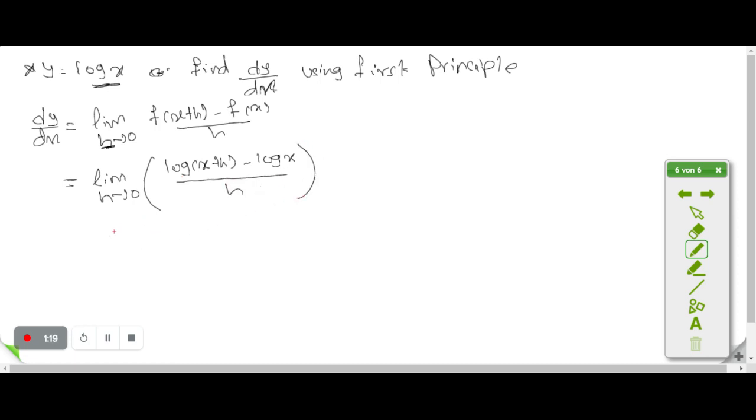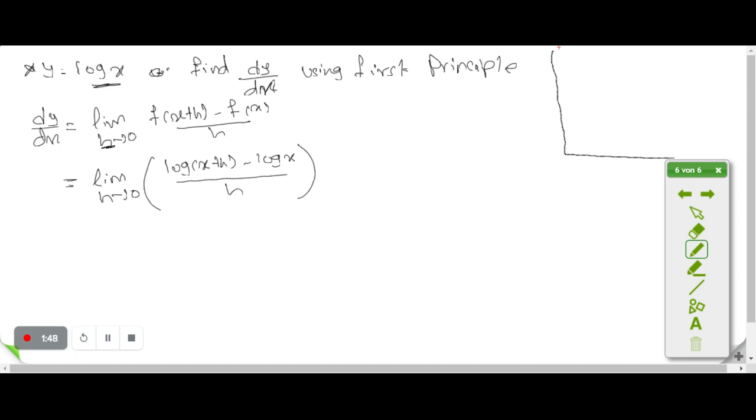Now we have come to a point where, if you apply a limit, this h is still there, and this will make the whole expression indeterminate or undefined. Anything divided by 0 is not allowed in maths. Rather, the result is indefinite, it's not defined in maths. So you need to have some background here.